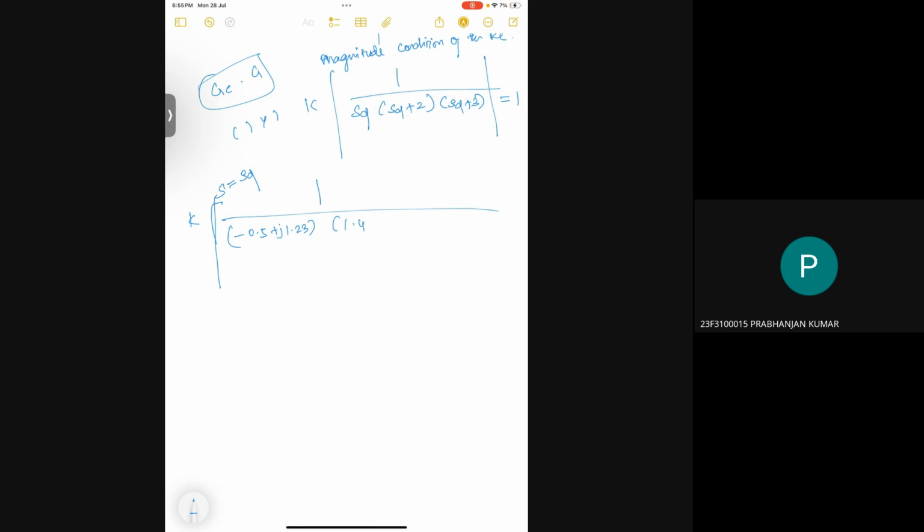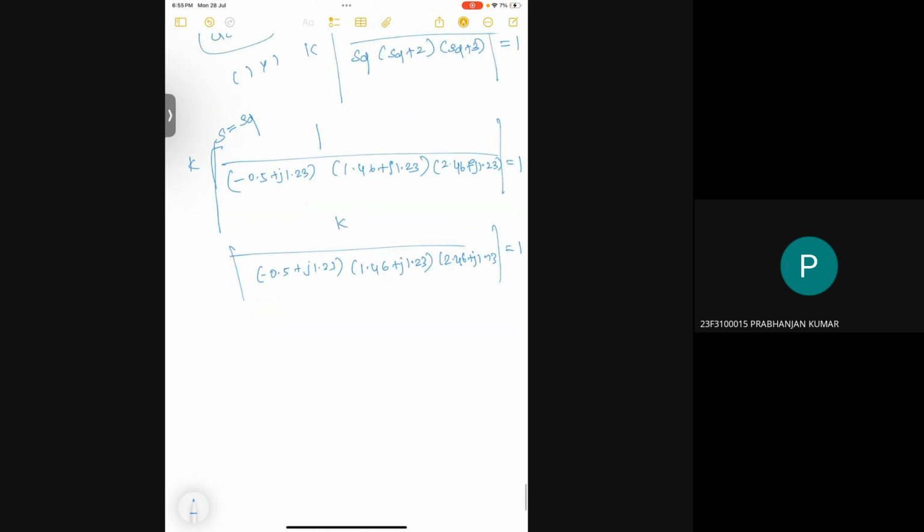When you add 2, it will become 1.5 plus j 1.23. There is no change in the phase. Plus 3, this will give you 2.5 plus j 1.23. It is equated to G of s into H of s equal to 1. So this will become K by the product of these terms, equal to 1.